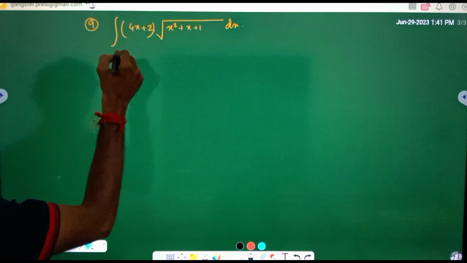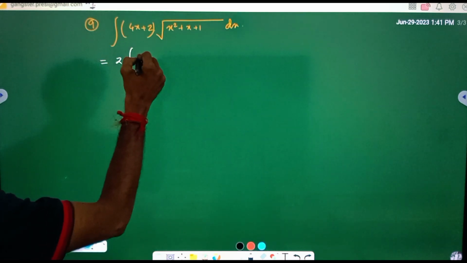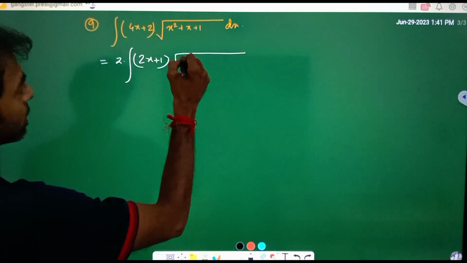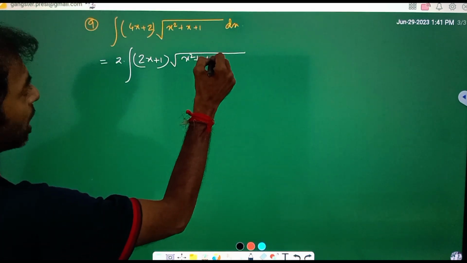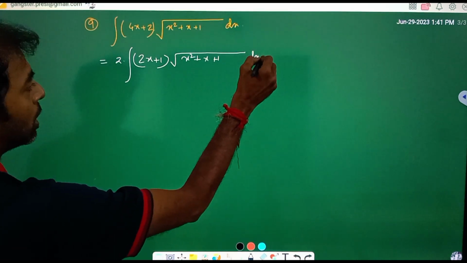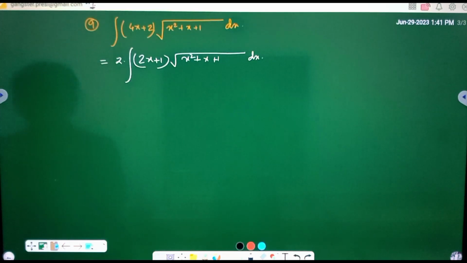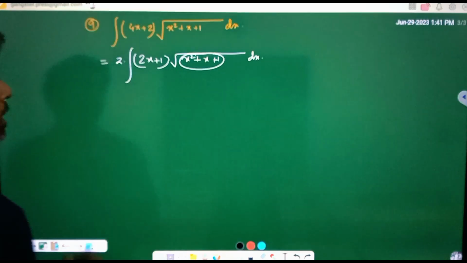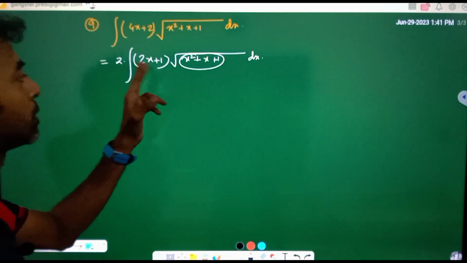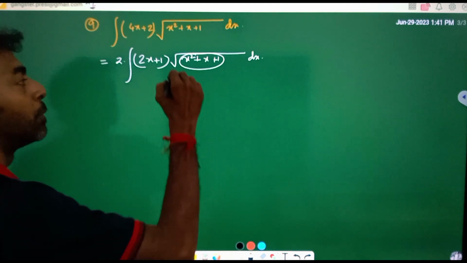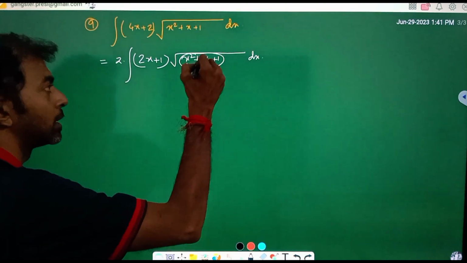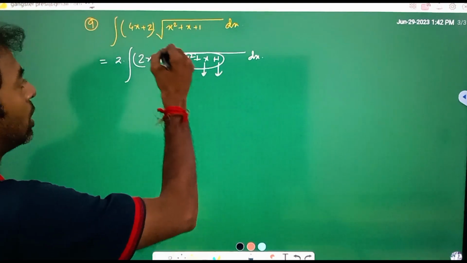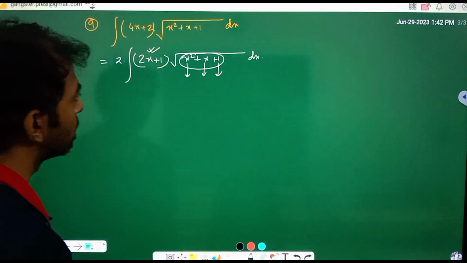If we take 2 common, we'll get 2x plus 1 under root x square plus x plus 1 dx. Now we all know the derivative of x square plus x plus 1 will be 2x plus 1, because differentiation of x square is 2x, differentiation of x is 1, and differentiation of 1 is 0. So we are getting 2x plus 1 here.